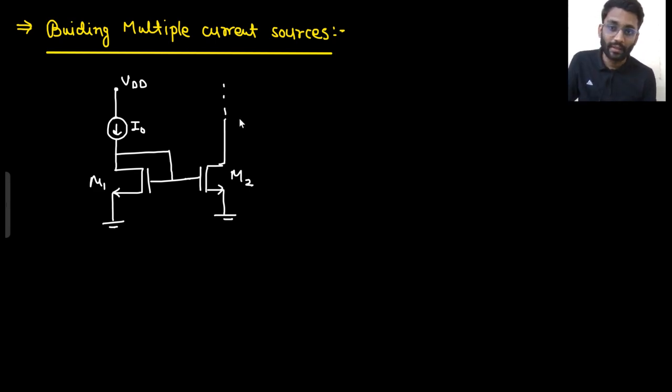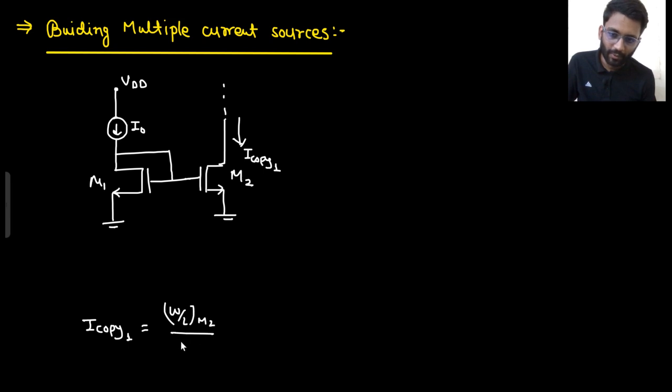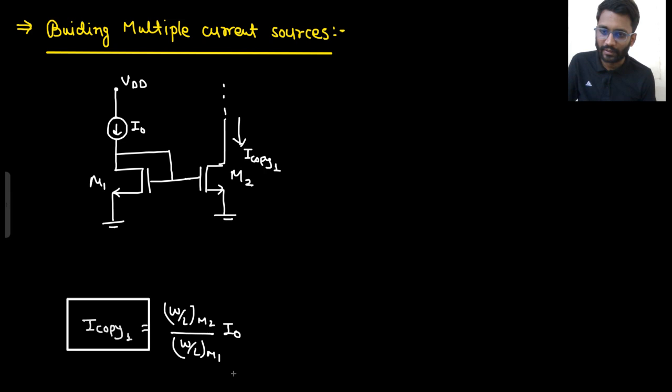So here what was my I copy 1? This was the current that I was getting, which was I copy 1. So my I copy 1 was proportional to the W by L ratios: W by L ratio of M2 divided by W by L ratio of M1, into I0. This was the I copy 1.